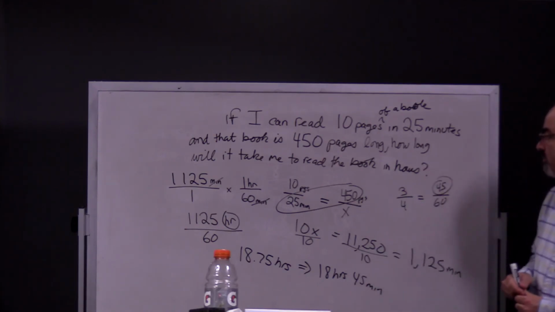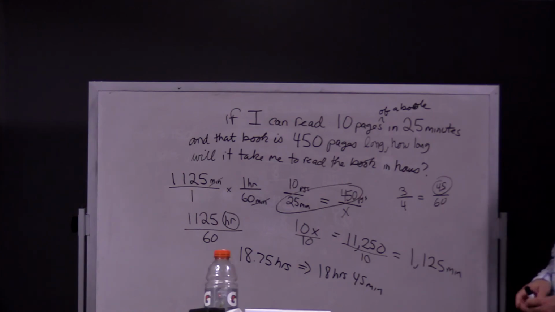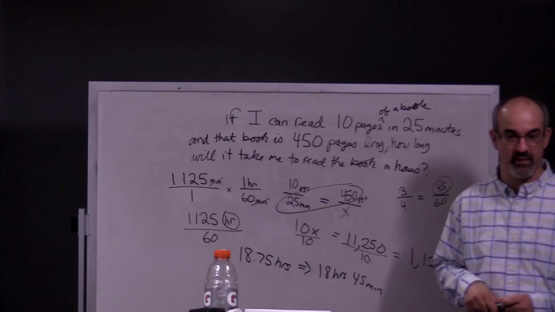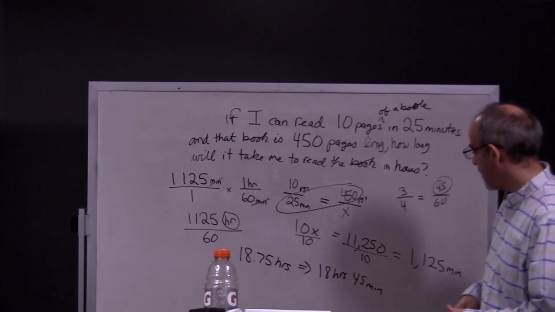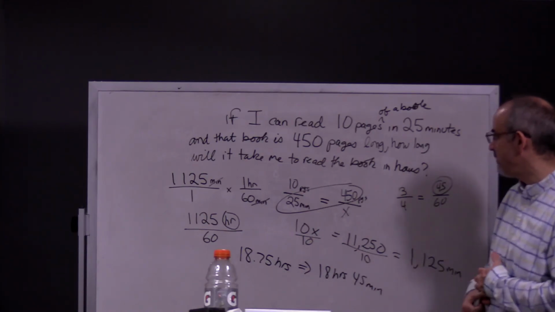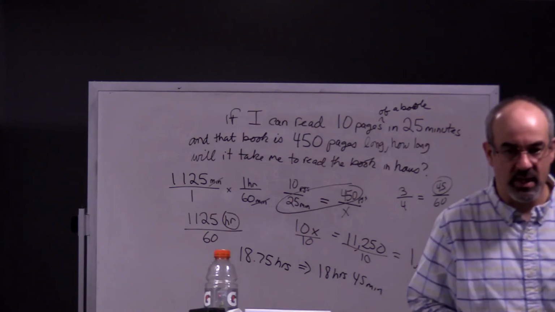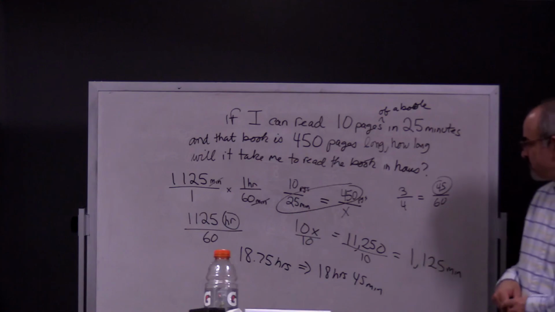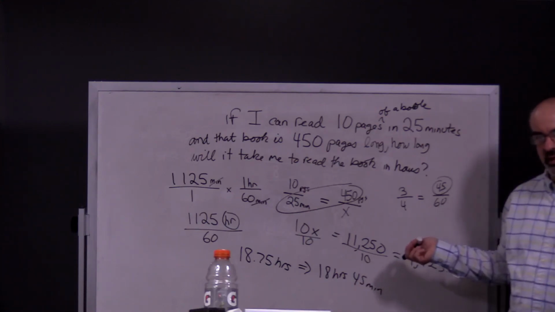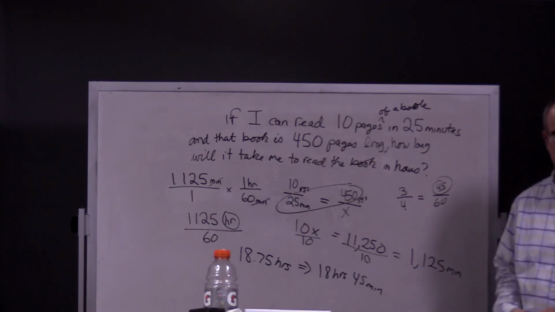So if I could read 10 pages in 25 minutes, and the book was 450 pages long, it would take me 18 hours and 45 minutes to read the whole book. I should have estimated the answer there, because without any other knowledge, to me that seems like a long time.